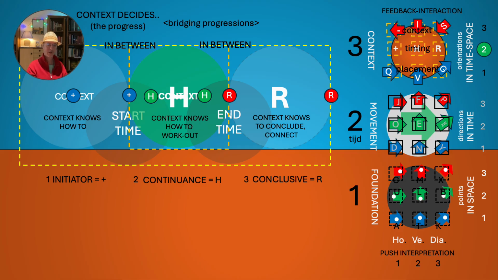So yes, I know the context. I can find the starting point of time. That's my initiator of the positive. Here, the in-between zone is the continuance. So the context knows how things can be worked out in all senses, in the material sense, in the timing sense. All of it can be worked out there. And in the R, the context knows how to conclude or to connect. It's conclusive very clearly. That's the order of letters. It's conclusive, and you have these borders there at the same time.